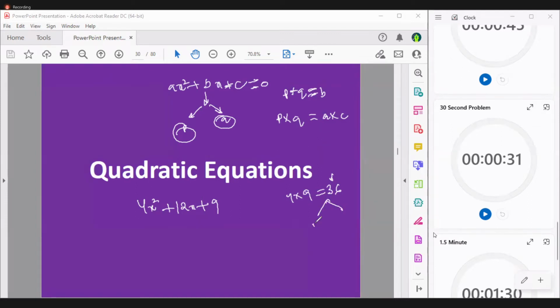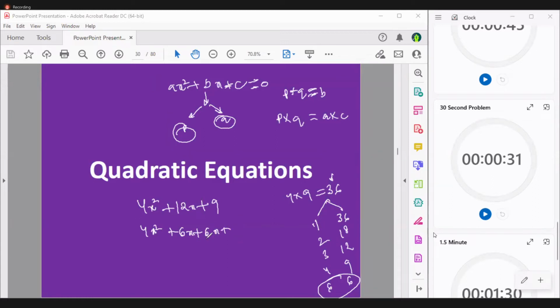So 36 can be arranged as 1 and 36, 2 and 18, 3 and 12, 4 and 9, then 6 and 6. 6 and 6 are those factors which when added give us 12 and when multiplied give us 36.